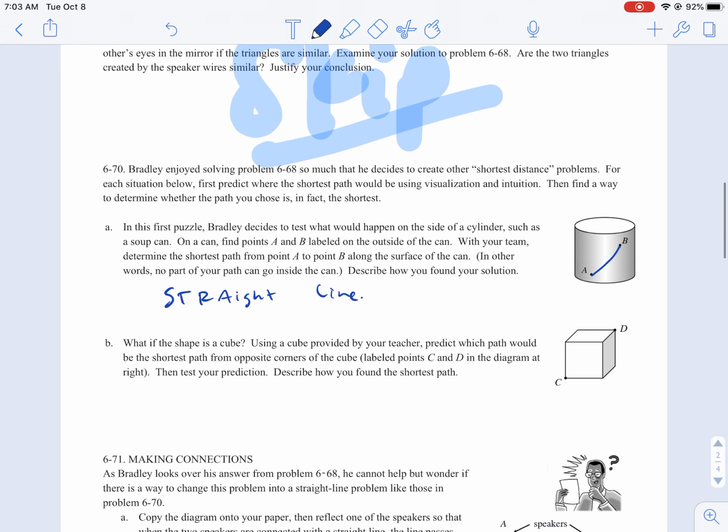For B, what shape? It's a cube. Using a cube provided by your teacher, predict the path. Which path would be the shortest from opposite corners of the cube labeled C and D? Test your prediction.